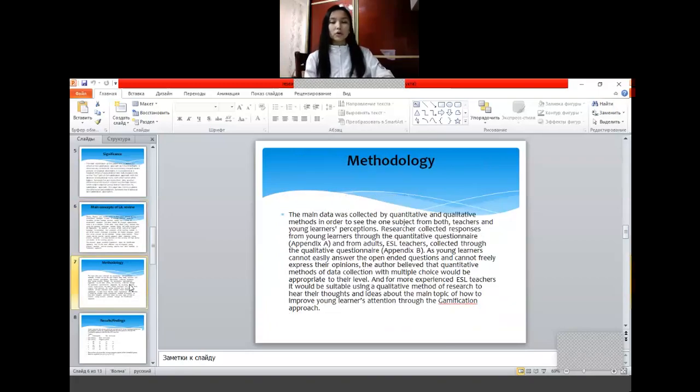And if we talk about the methodology which I have used, I've used both methods, quantitative and qualitative. Why? In order to see one picture from different perspectives, from the perspective of the young learners and from the perspective of teachers. For young learners, I used quantitative research. Why?